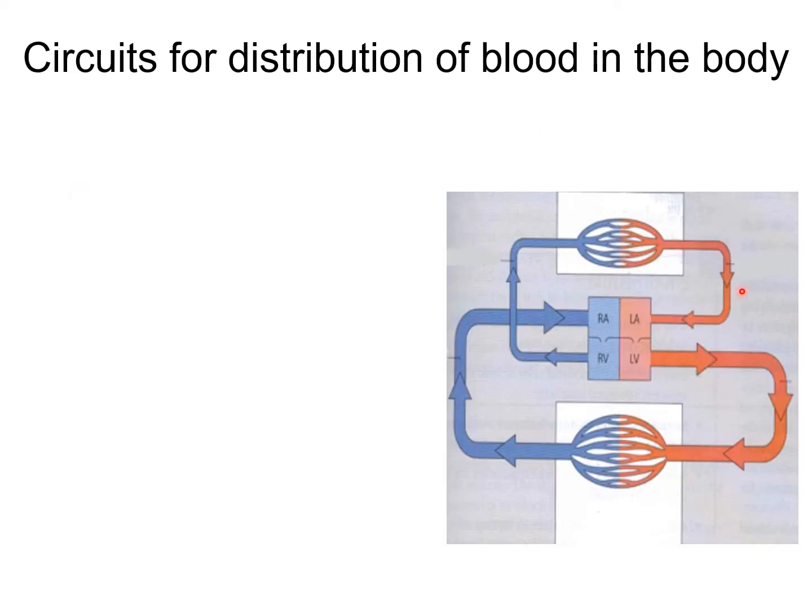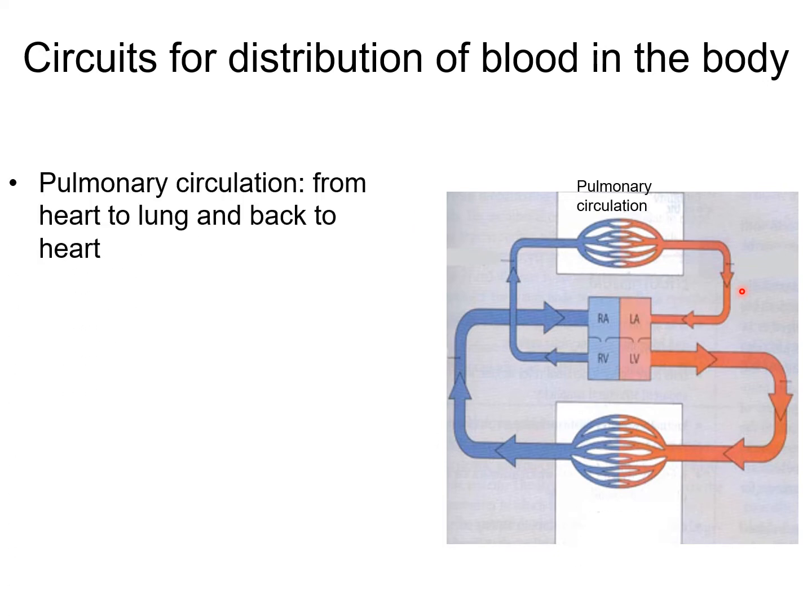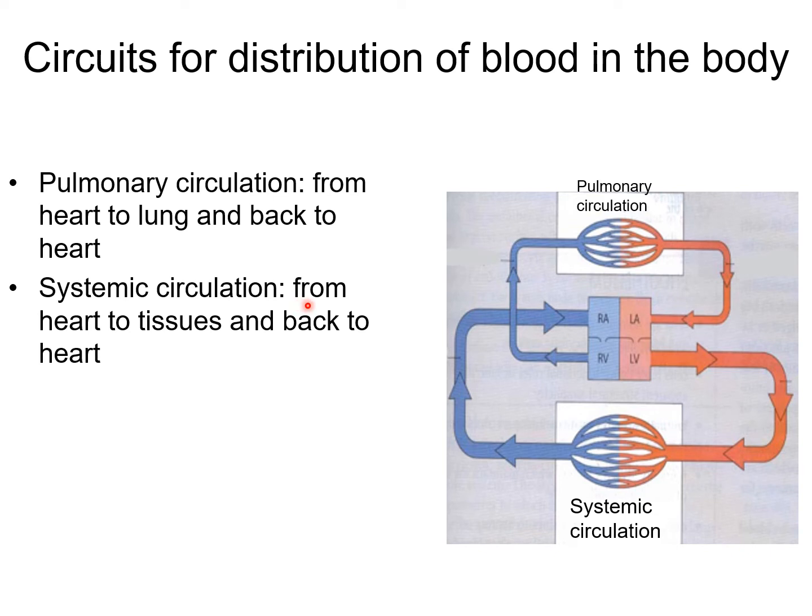So, there are two circulations: the pulmonary circulation from the heart to the lung and back to the heart, and the systemic circulation from the heart to the tissues and back to the heart.